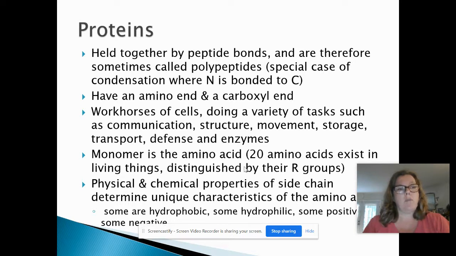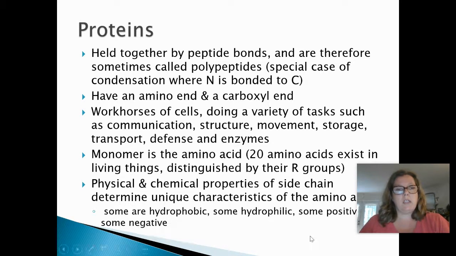First of all, a protein is held together by a special kind of bond called a peptide bond. Why is it special? Well, because in this case, we're bonding a nitrogen to a carbon instead of a carbon to a carbon. It gets a special name.